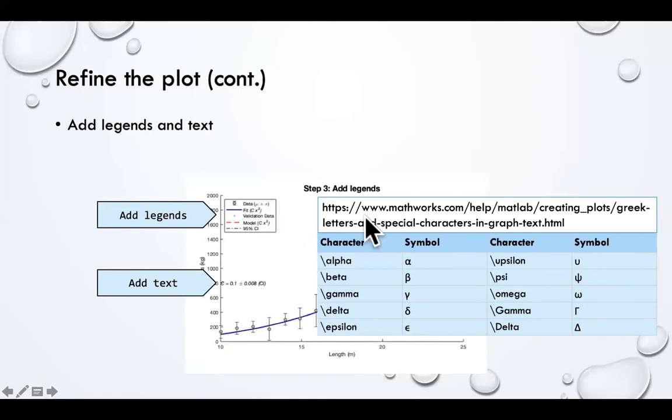For Matlab, because this is a very big table, you have to take a look at the website I list over here. There is some special character for Greek letters of the sample you want to use. So if you want to type alpha, you just need a backslash alpha and put it in the text, or you put it inside the command.